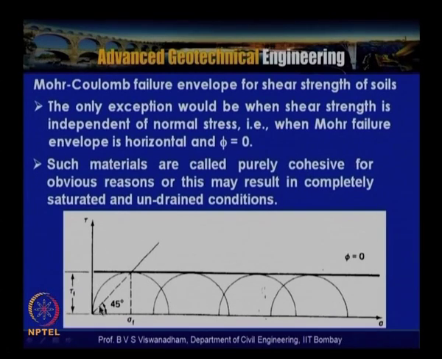In that case, this will be the Mohr Coulomb failure envelope, which indicates that its angle of inclination is 0, and this intercept is nothing but c, so tau is equal to c, and this point is a failure plane, where alpha f is equal to 45 degrees.